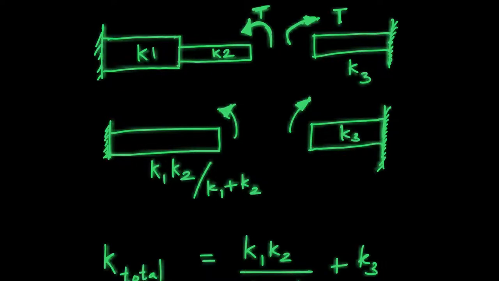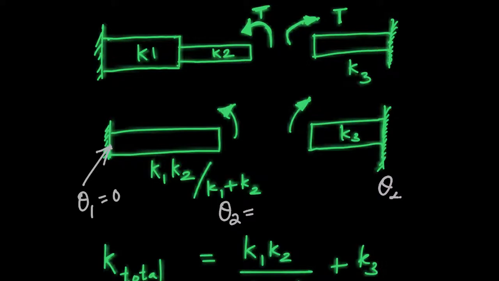Or to elaborate it further, see, this point will always have theta 1 equal to 0, and this will have a value theta 2 which will be something non-zero.